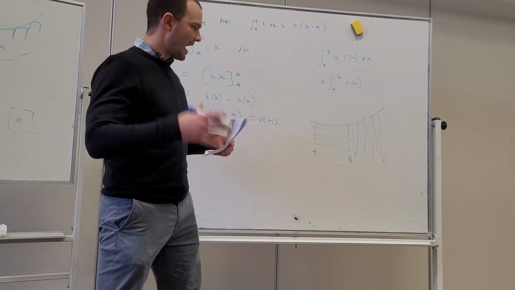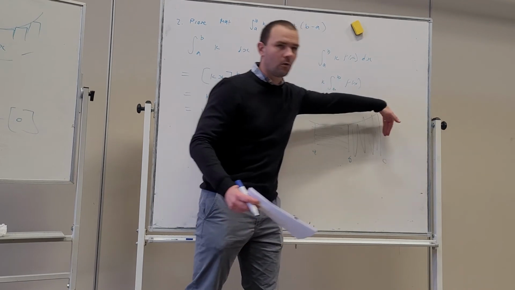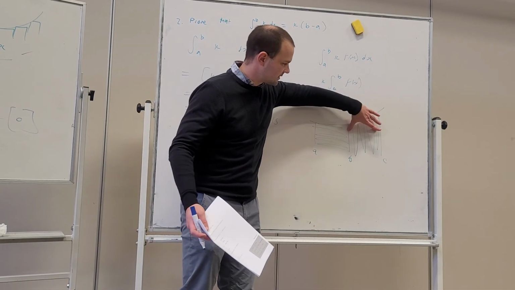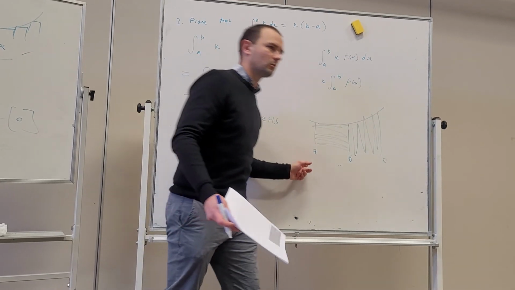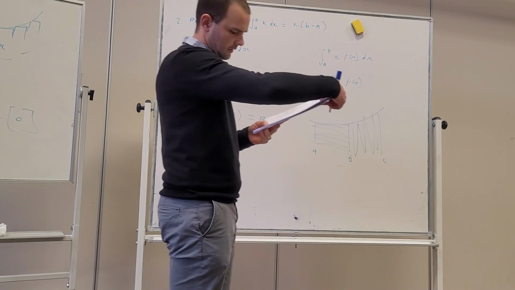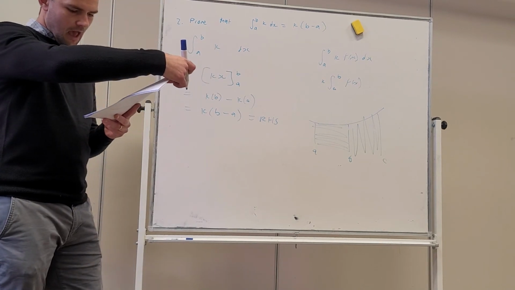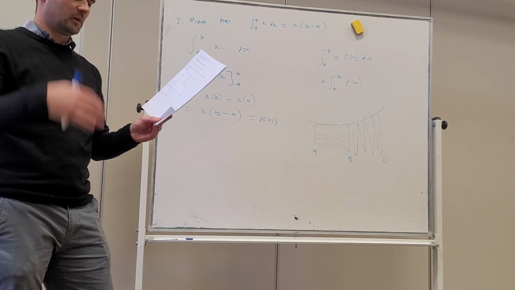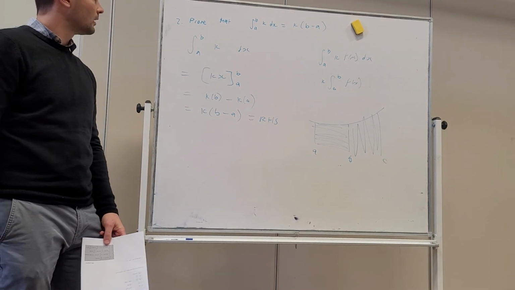And the integral from a to c is going to give you the area of the whole thing. So you can see quite clearly the integral from a to b plus the integral from b to c will also equal the integral from a to c. So that's the third property. And then the fourth property is just that we can integrate term by term. We can split it up into two integrals.